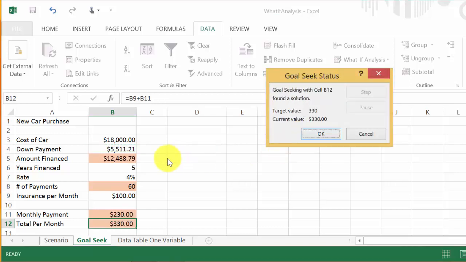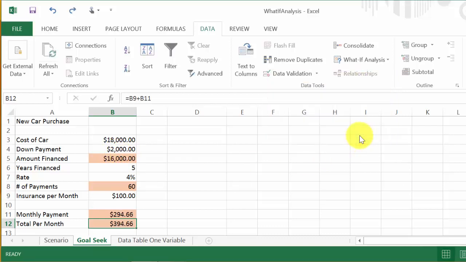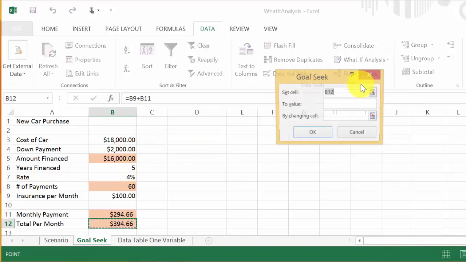And there you go. So to get to this price, I would need a $5,500 down payment. Then hit cancel, or if you hit OK, it'll leave those numbers there. Let's look at this. I want to set this cell, and let's say I got a big raise.